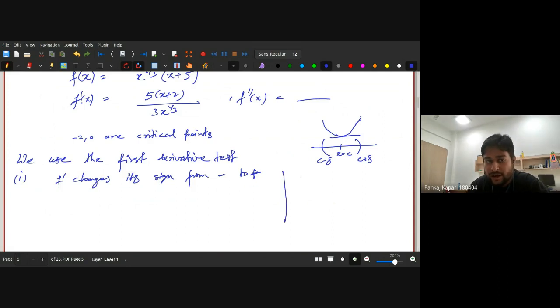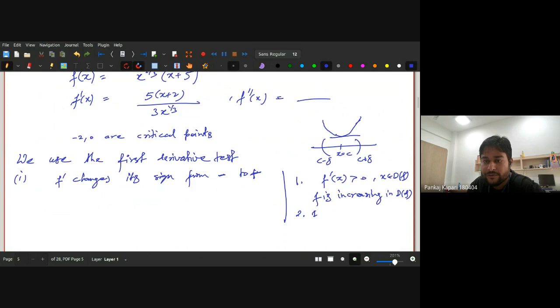We have this property because if the derivative is positive inside the domain, or whatever interval you are checking, then f is increasing in that domain.